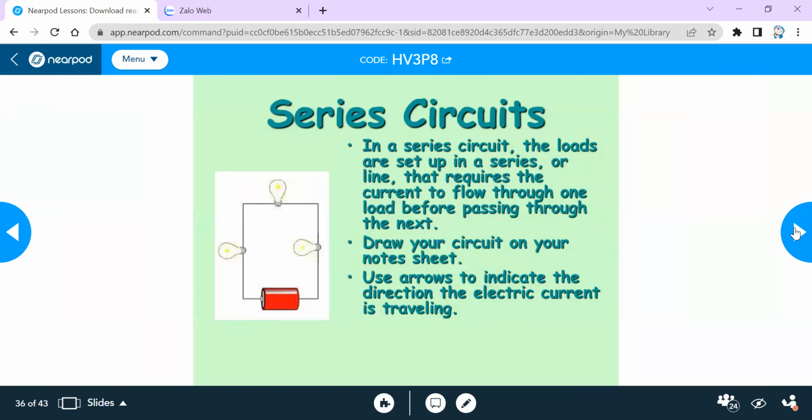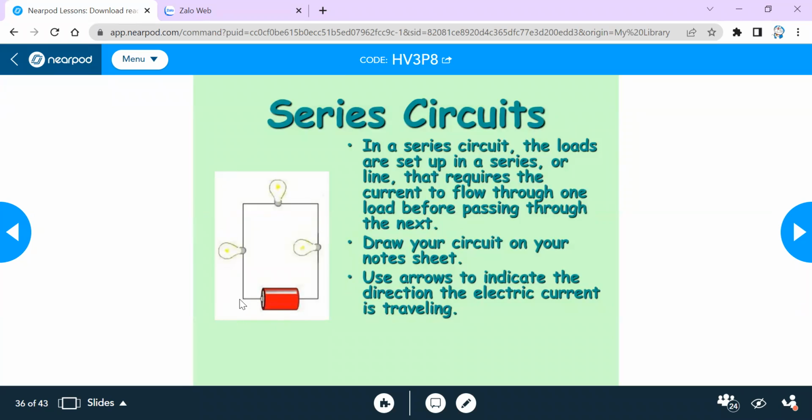Let's look at the series circuit in more detail. As mentioned in the video, in a series circuit the loads are set up in a series, in one line, which requires the current to flow through one load before passing through the next load. If you have a paper and pencil, you can draw this diagram down and indicate where the current flows from.